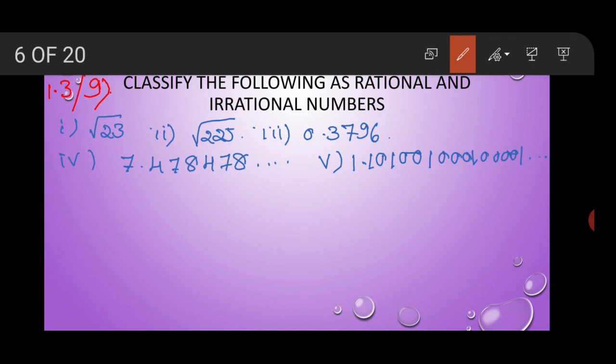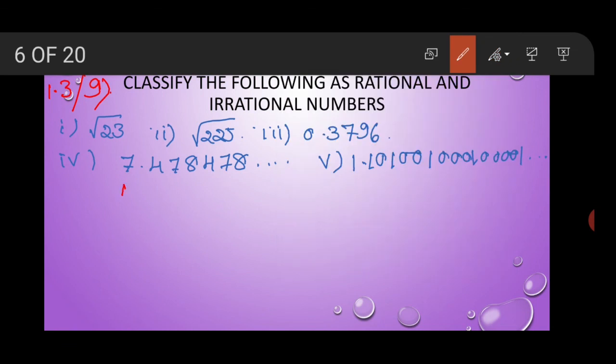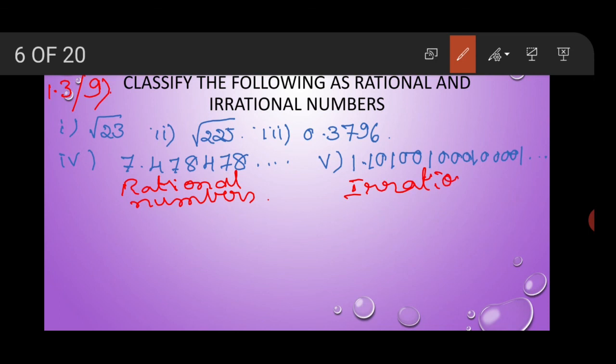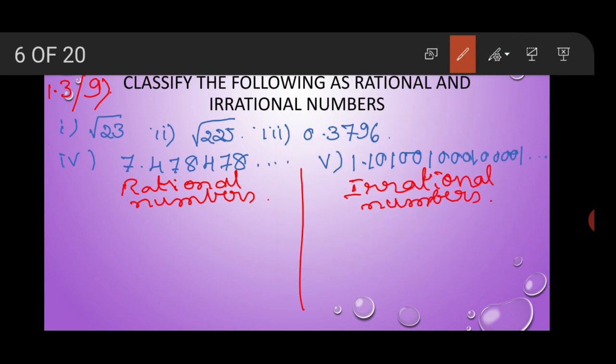So classify them into rational and irrational numbers. Yes, write down one by one.